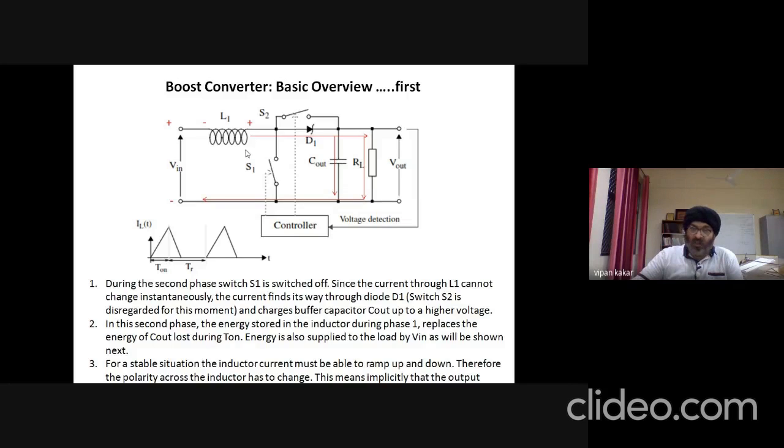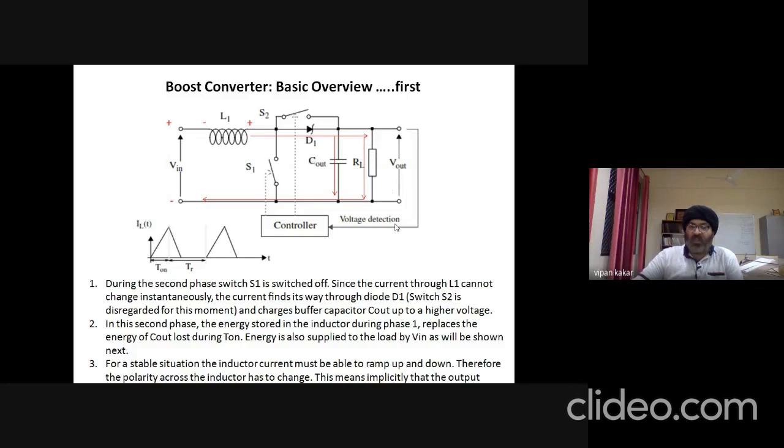So now energy is also supplied to the load by this input supply, because we know that the positive terminal of this supply voltage and the reversed polarity of this inductor during phase 2 both get added up. So a larger value is transmitted, or larger energy is transferred to the load.